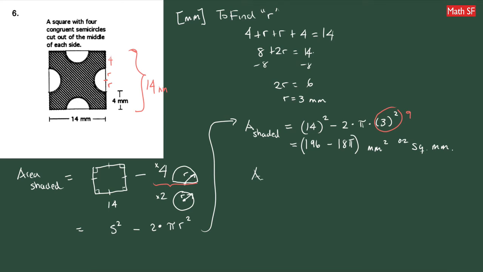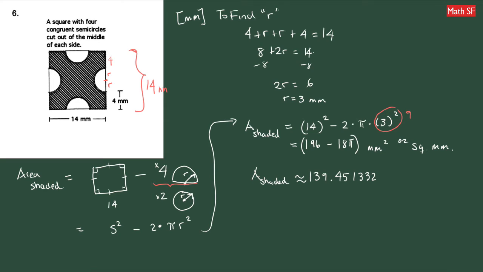So for the shaded region, because they want you to approximate it, I'm going to crunch all of this in the calculator, minus 18 pi, and that should give me about, it says here, 139.451332. But we still need to round to the nearest thousandth.